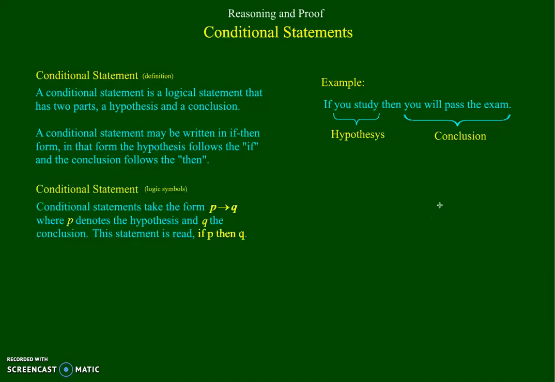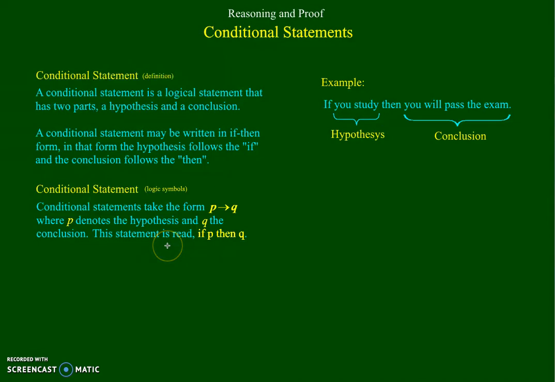Now, when we deal with conditional statements, we're also going to have to contend with the idea of logical symbolism. And the way you would state a conditional statement in its logic form is if P, then Q. P denotes the hypothesis, Q denotes the conclusion.